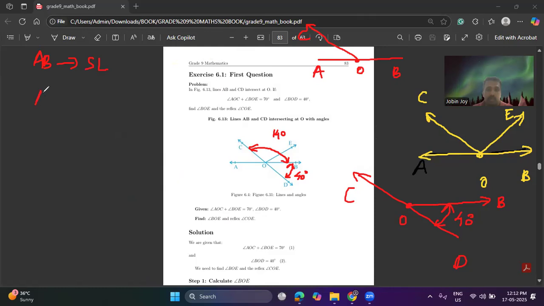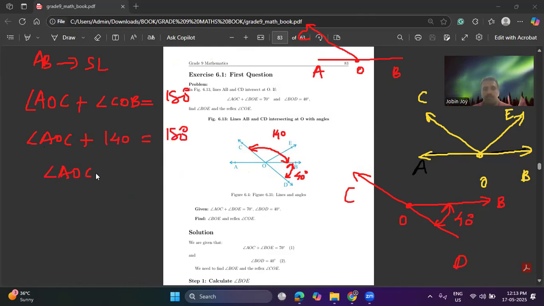So I can write angle AOC plus angle COB is equal to 180 degree. I don't know angle AOC, plus angle COB, that is 140, is equal to 180 degree. So what is angle AOC? 180 minus 140 is equal to 40 degree.